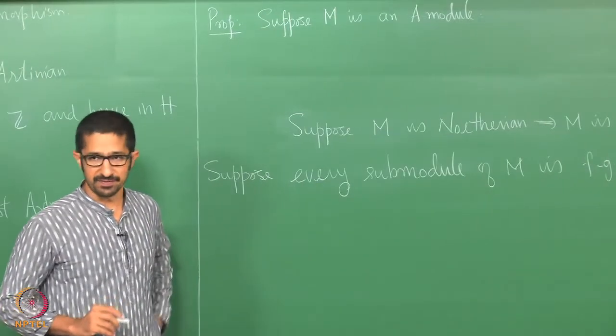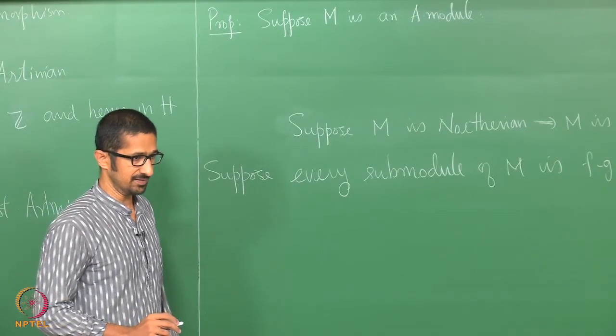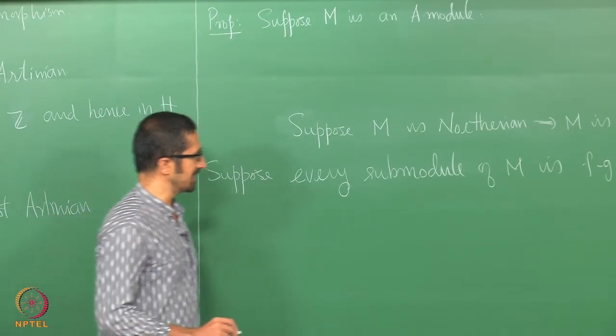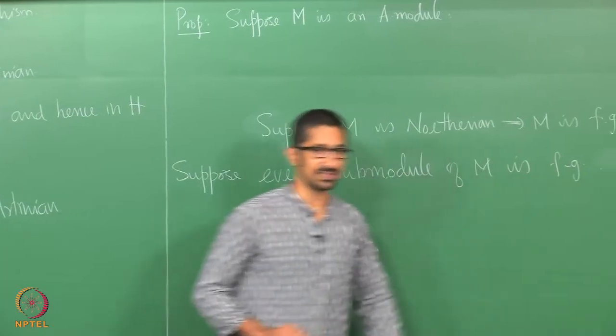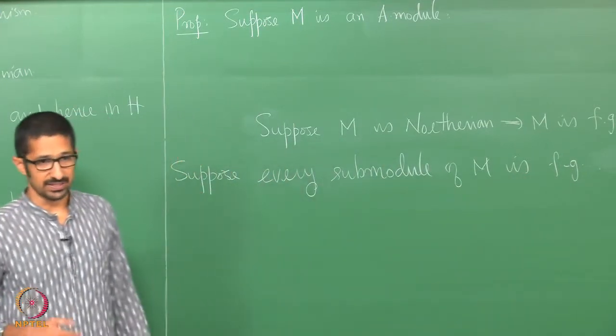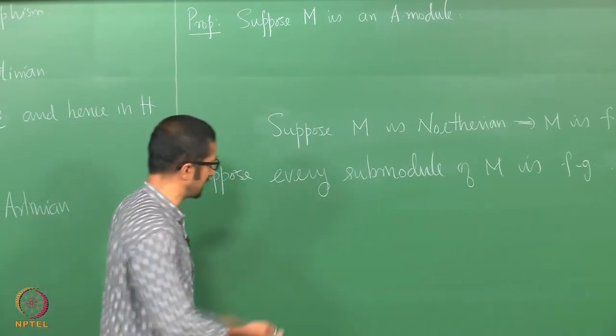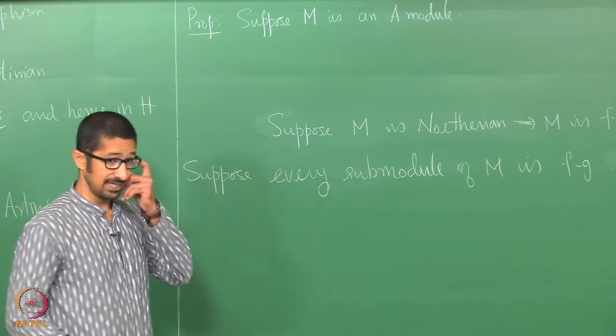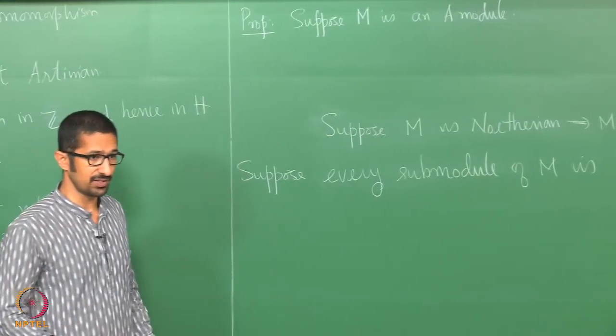Can we say that M is Noetherian? So I want to say whether M satisfies the ascending chain condition or not.